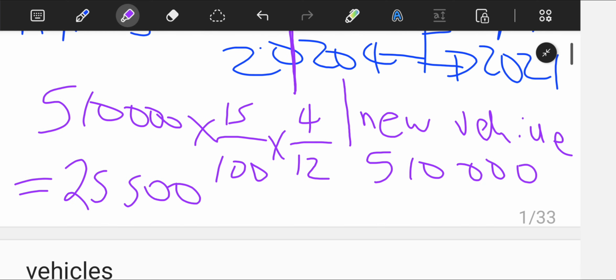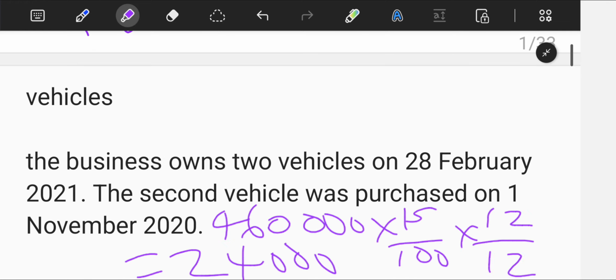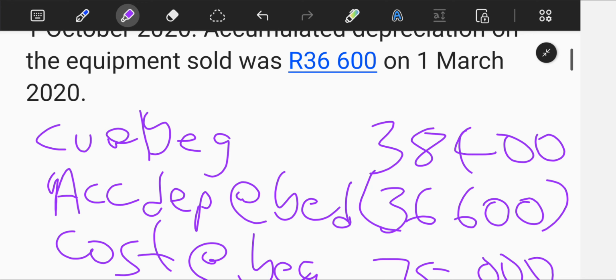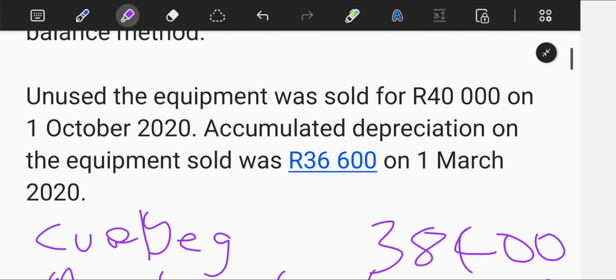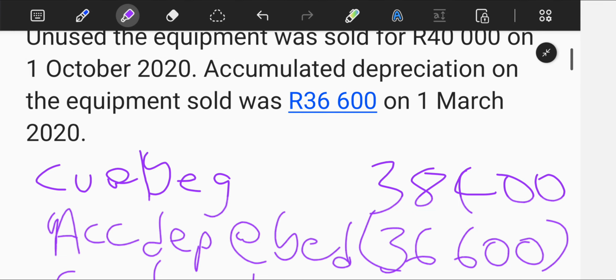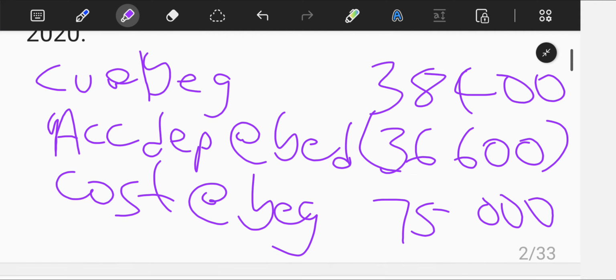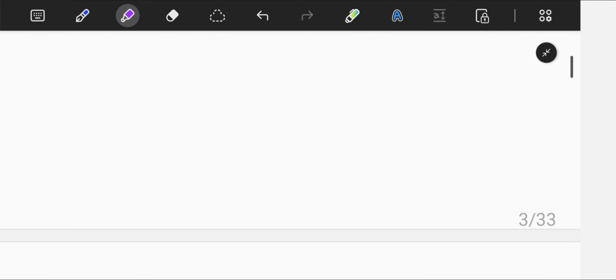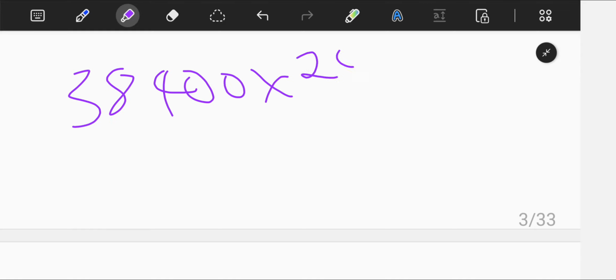So now, why did we do this whole thing of calculating carrying value at the beginning of the year? Because equipment are depreciated on diminishing balance method. So we have to multiply the 20% on the carrying value at the beginning of the year, which is 38,400, multiplied by 20%, multiplied by the months used.